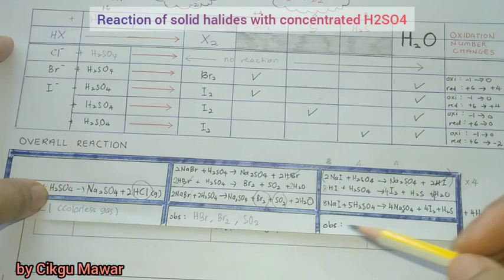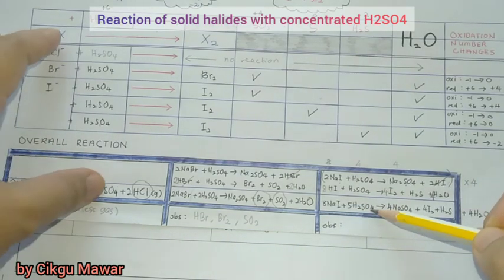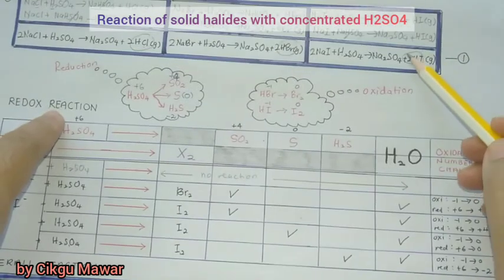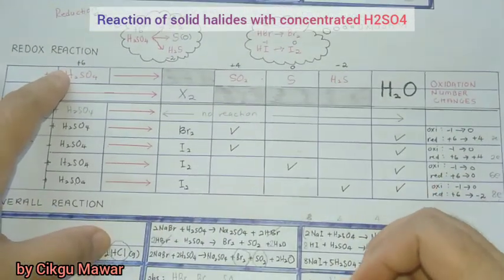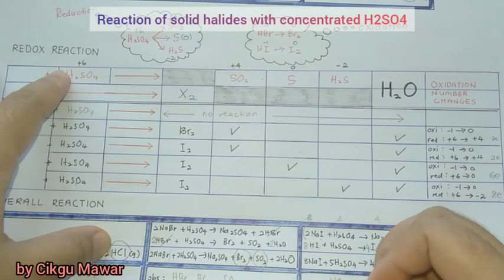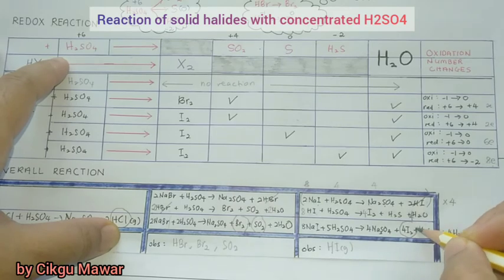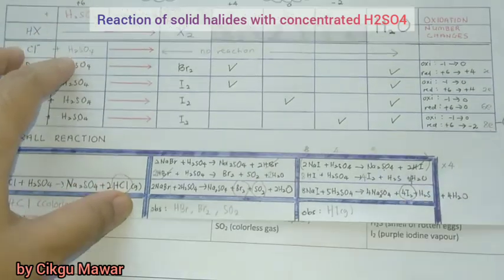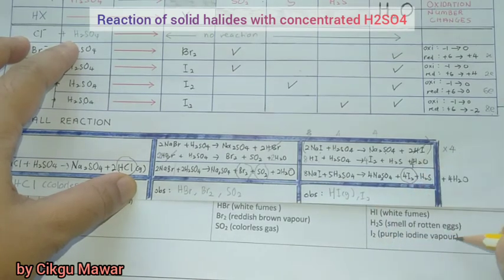Then the observation for the reaction of iodide with concentrated sulfuric acid. The first one is hydrogen iodide gas. And then we have iodine, which is purple iodine vapor.